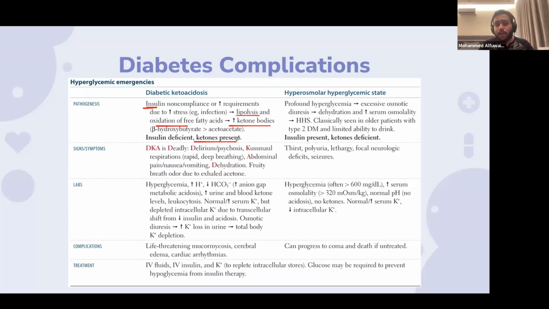Now, patients with metabolic acidosis compensate by respiratory alkalosis. With respiratory alkalosis, will they have hypoventilation or hyperventilation, if you think about it? You're trying to release CO2. Hyper.